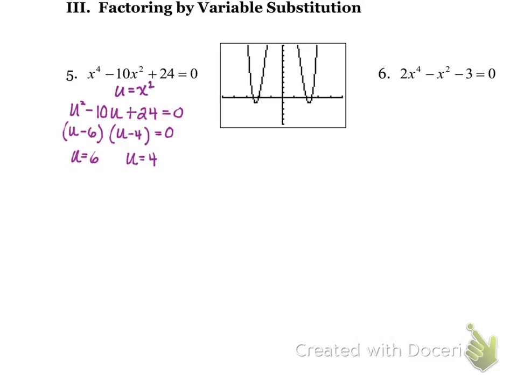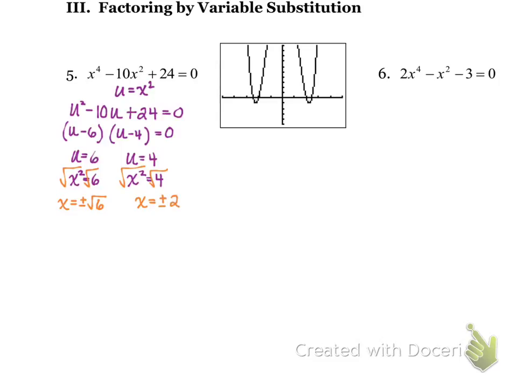But now, since we solved, we need to go back and replace u with x squared, which would be x squared equals 6 and x squared equals 4. So now we would solve by taking the square root of both sides, and we would have x equal to plus or minus root 6 and x equal to plus or minus 2.